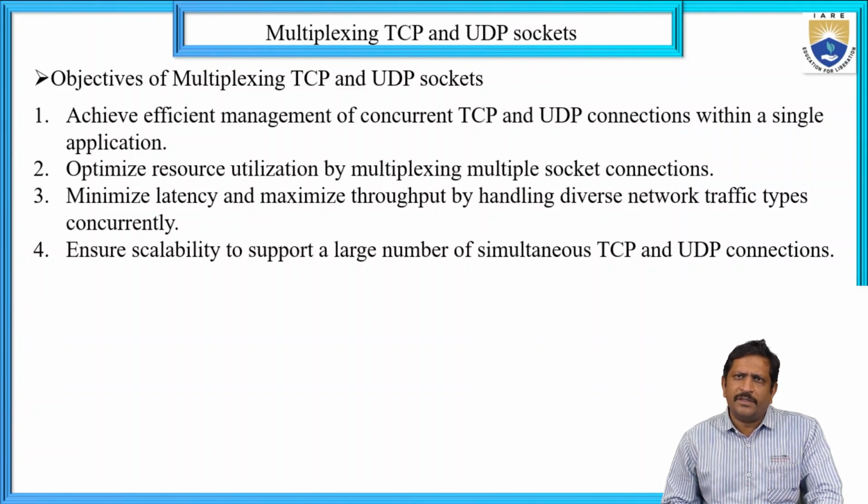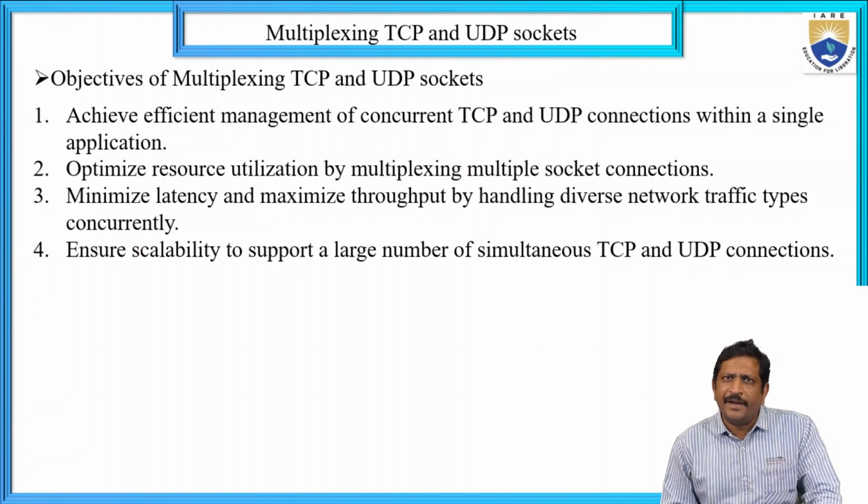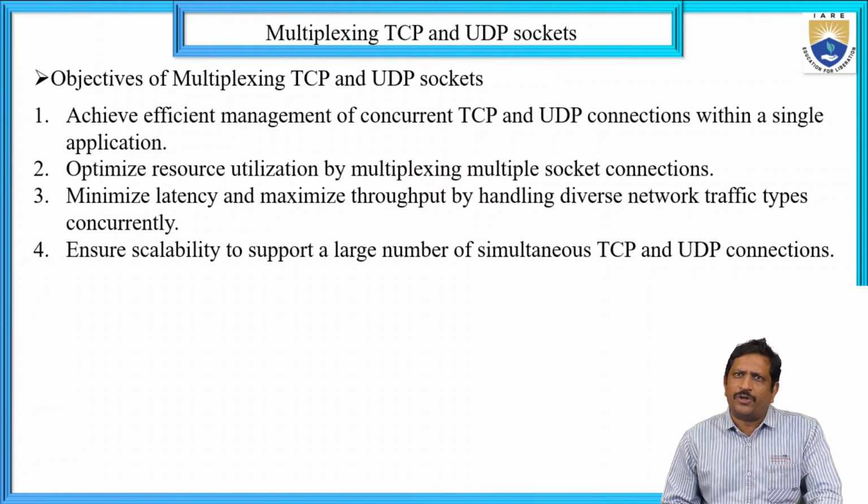By multiplexing multiple socket connections, we increase resource utilization, effective communication can be established, latency is minimized and throughput is maximized by handling diverse network traffic types concurrently. Diverse network means different networks.